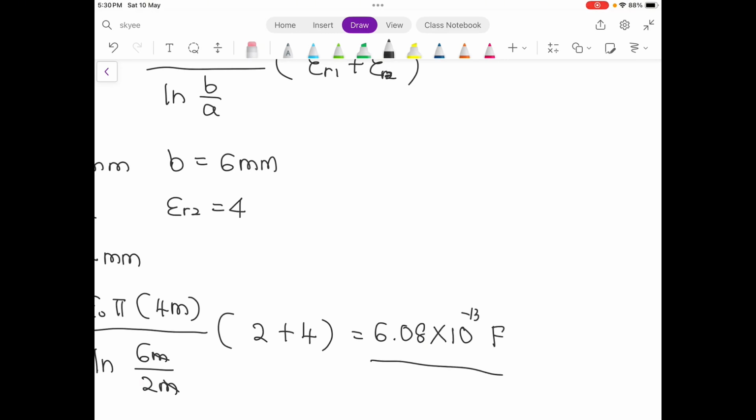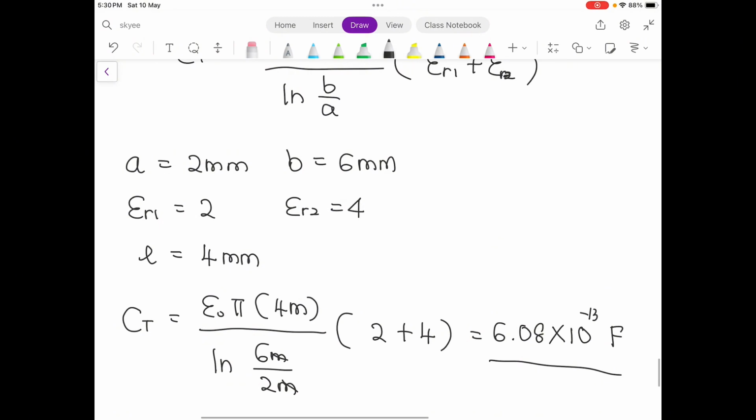So this is the capacitance. Wait, something is wrong again about the unit, cm. So this one will be cm, so you have an extra factor. So it will be 12. This is the correct one.